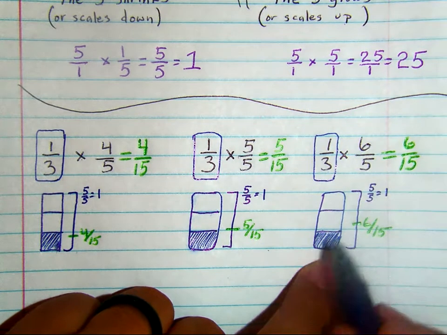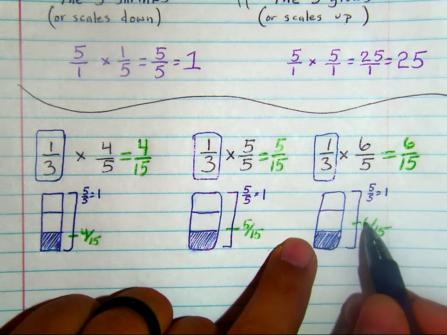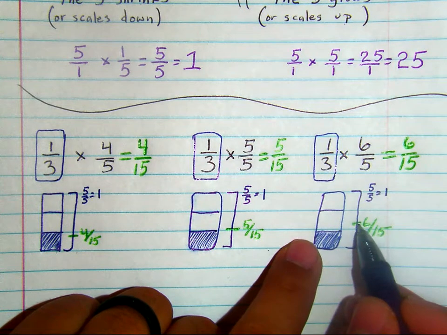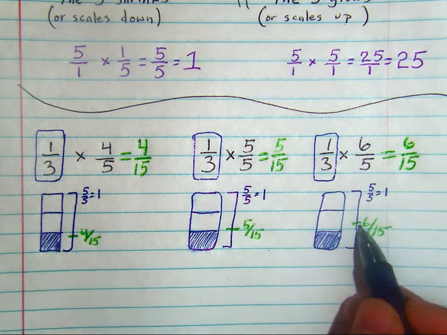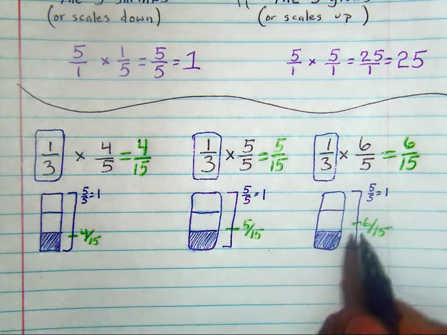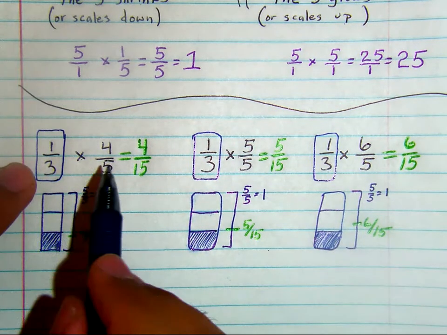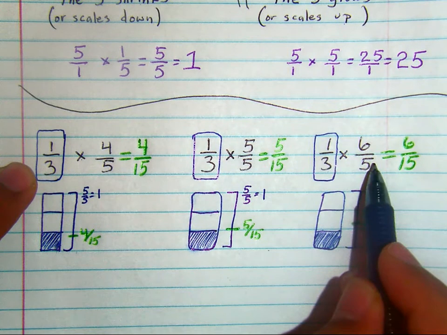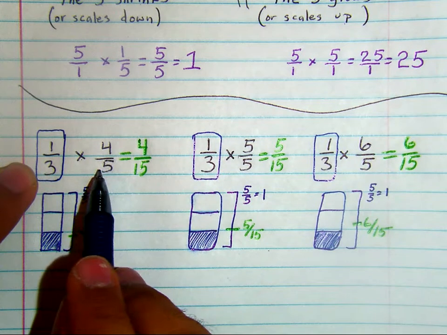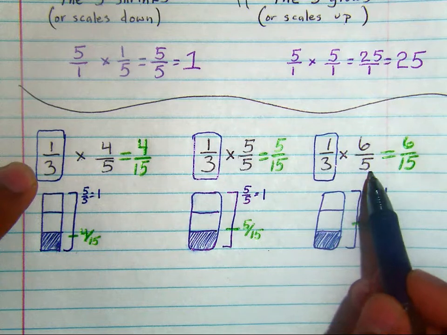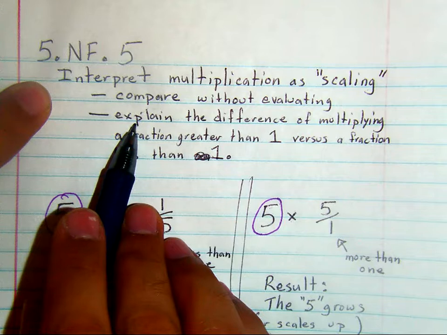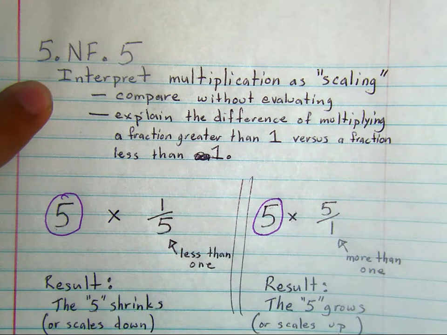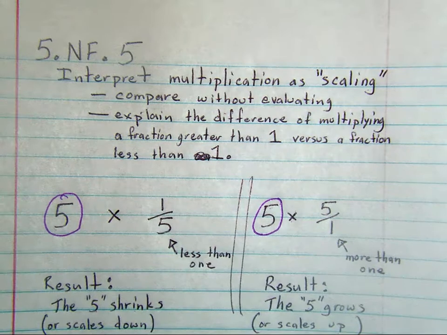And what happens is you end up with 6/15, which is more than 1/3. So you're scaling up or scaling down depending on how you're multiplying against a fraction less than 1 versus more than 1. So by interpreting, comparing, and explaining, you are mastering 5.NF.5.